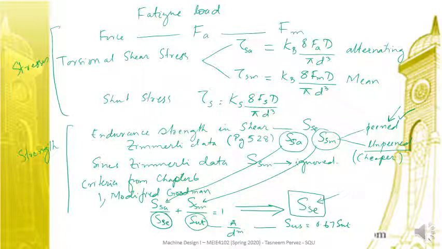If I have a Gerber criteria, then what will happen? My equation will change. What is the equation? This equation becomes SSA over SSE and SSM over SUS squared is equal to 1.